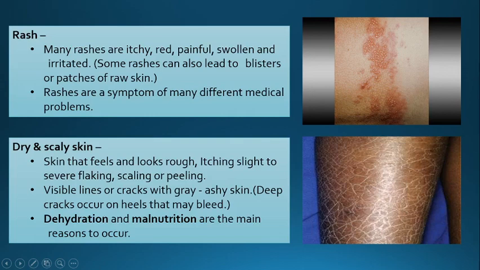In some people, the number of sebaceous glands is low, so the sebum production is very low. So there also they can have dry and scaly skin because the skin moisture cannot be maintained when the sebum amount is lacking.